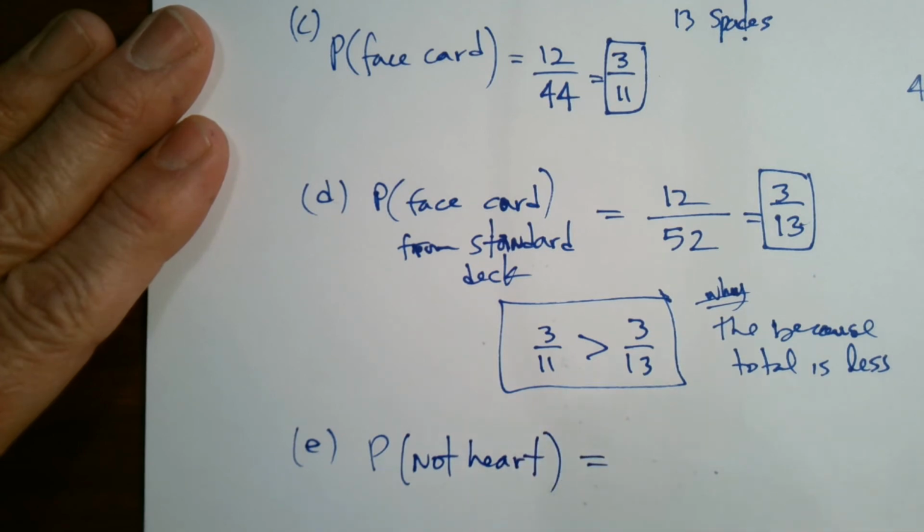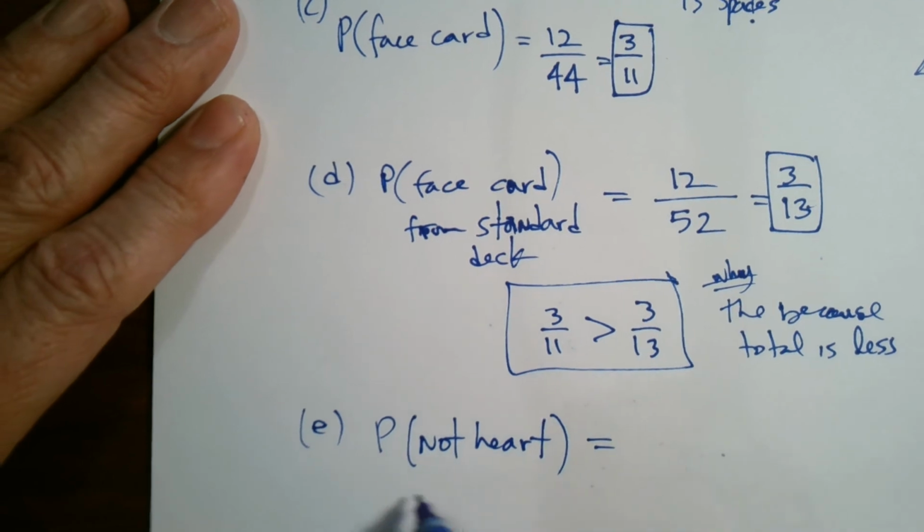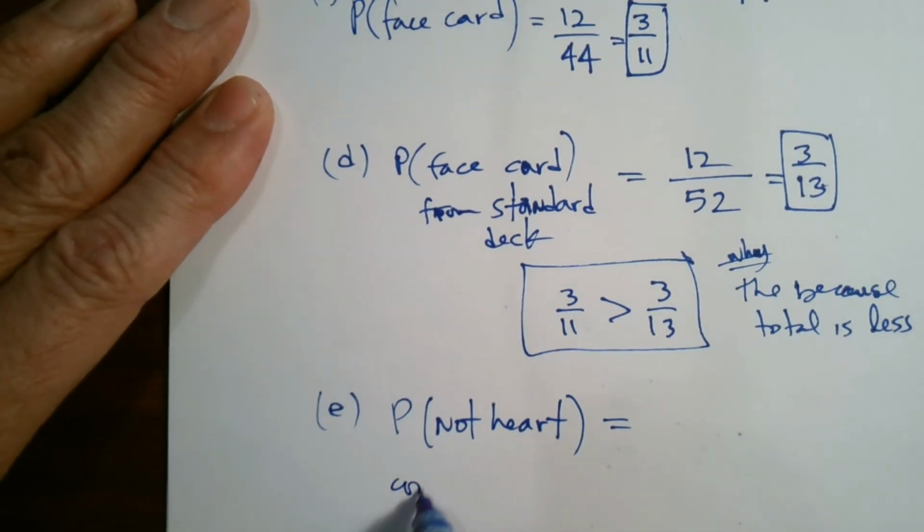Well, when we talk about the probability of something that is not, that is the opposite of if it was. And we already figured that out earlier in part A, correct? So we're really talking about what they call the complement of the probability of a heart.